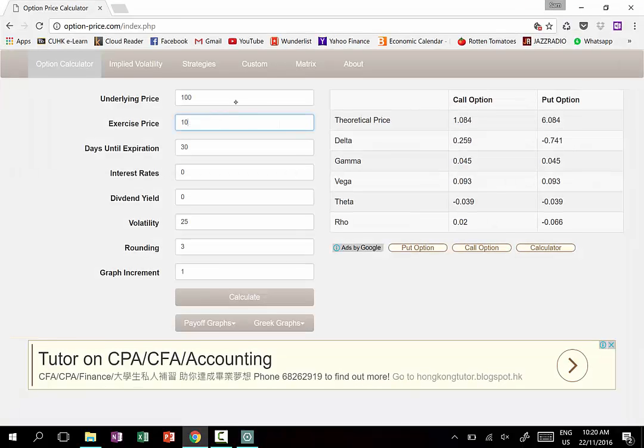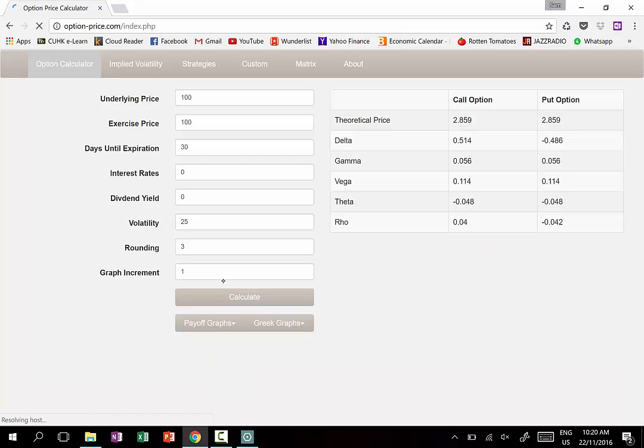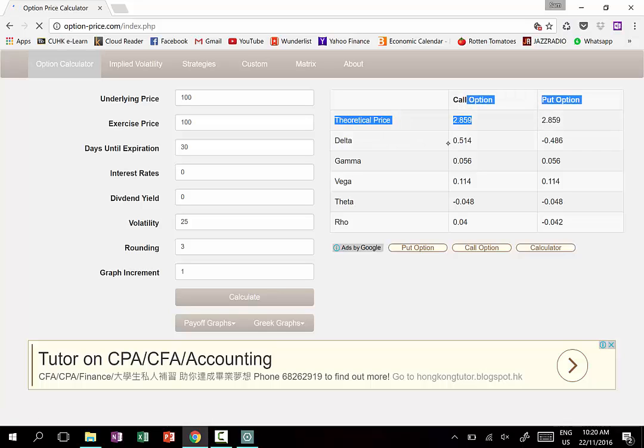So let's say the price is 100 and strike is 100. And you can see that the call price is $2.85, $2.86, and so is the put option, when the underlying spot price and the exercise price are the same.